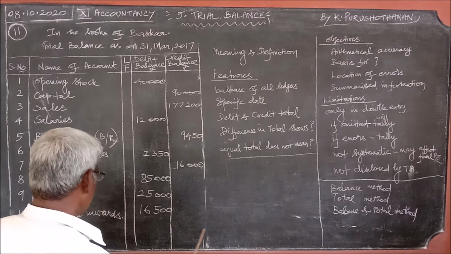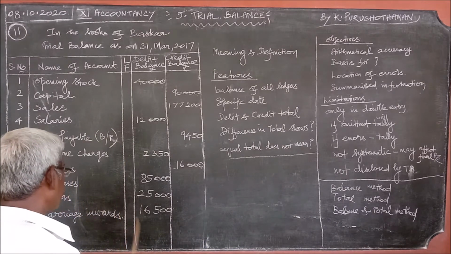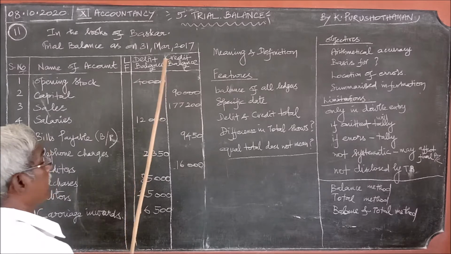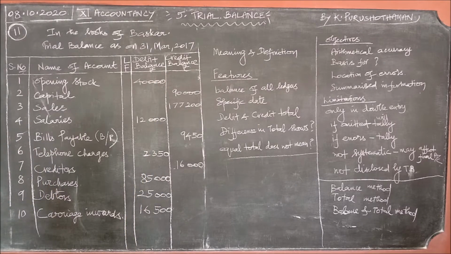Since the totals are equal, we cannot say the accounts we have prepared are correct. You may ask me such a question: since the total is equal, sir, are all the accounts we prepared correct? What you are saying is that further, to check for verification only we are finding the total. Even if the totals are correct, sir, you are saying that it cannot be true.